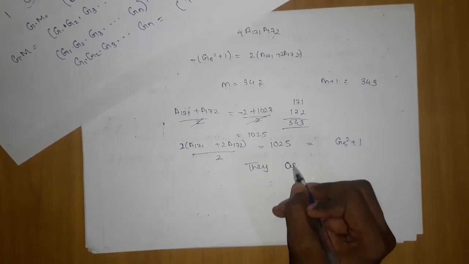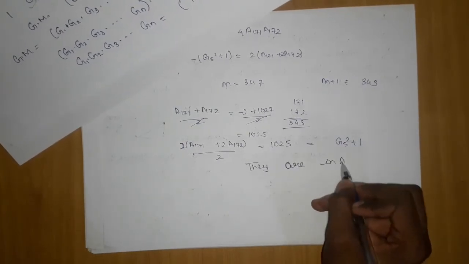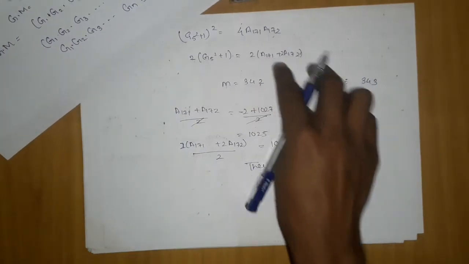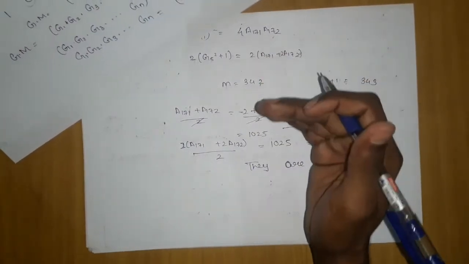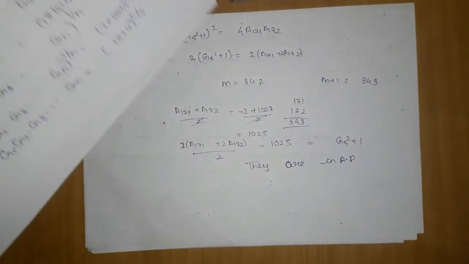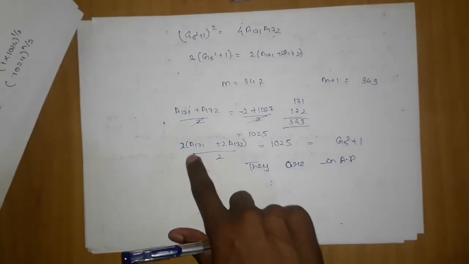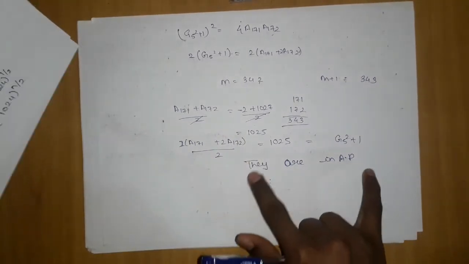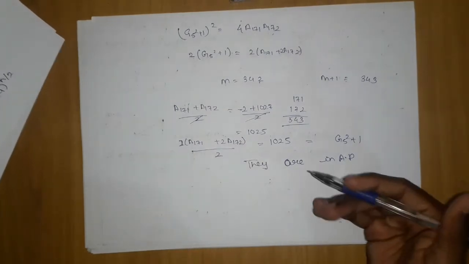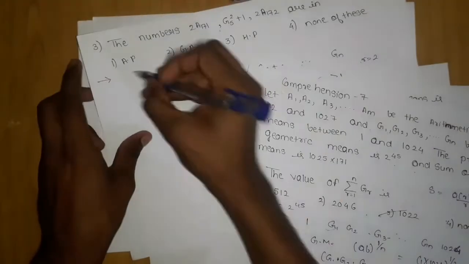In this way you have to proceed, before just thinking like a1 plus a7, we can easily get this value by using AM. So we didn't waste much time checking GP, and we moved on clearly to AP. We got the value and checked it, which gives us more clarification that they are in AP. So the third one is AP.